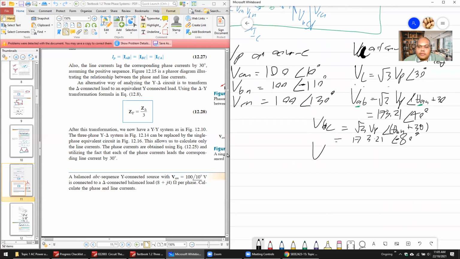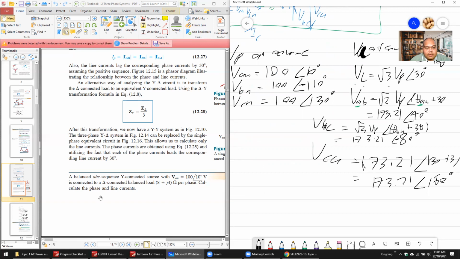And then VCA is equals to 173.21 angle. Okay, 130 plus 30, you get 173.21 angle 160 degree. So you have this answer. And then they ask you to calculate the phase and line current. Then you can get the phase and line current.